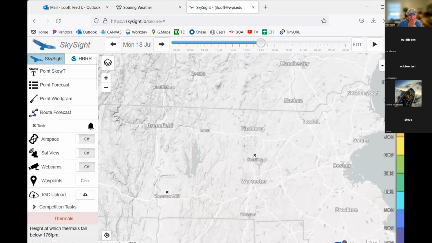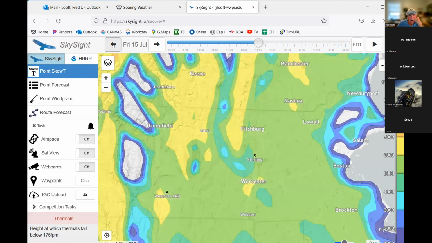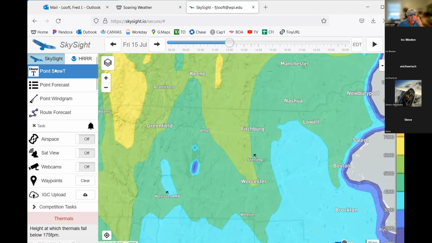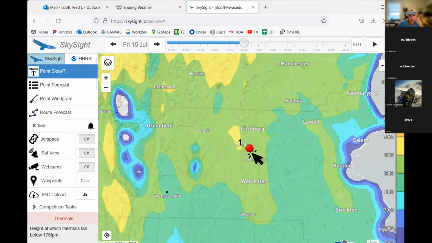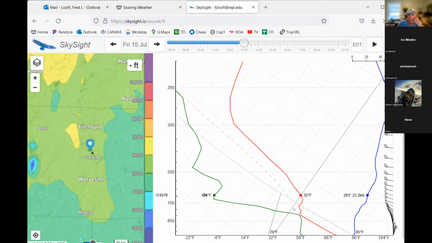Let's kill that for a second. You can use other things here. So for example, let's get the skew T for Friday at noon. So this is the skew T for Friday at noon. Good cooling.